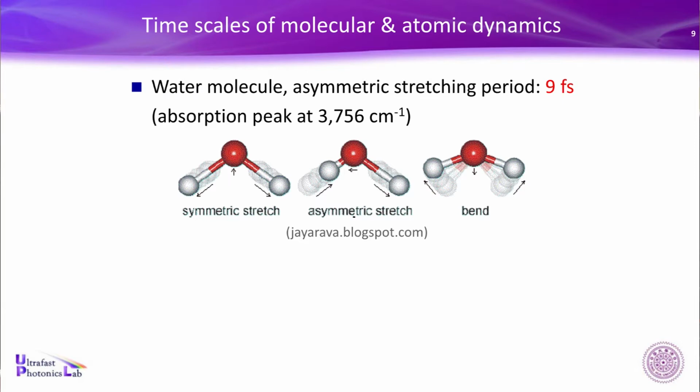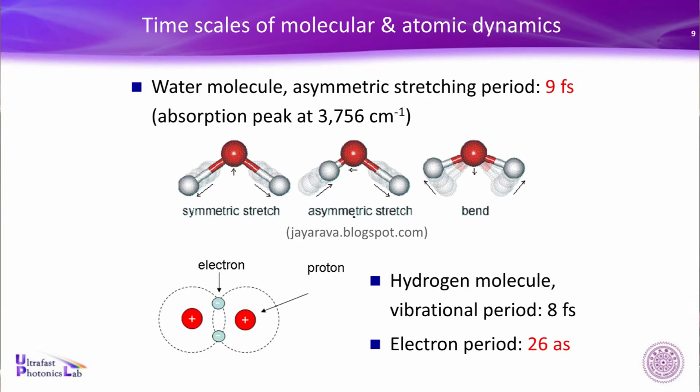A second example, the hydrogen molecule. Similar to the water molecule, it has different vibrational states. Roughly speaking, the vibrational period is 8 femtoseconds. But the electron period is not the vibrational period. Electron period means the motion speed of the light electron. 很轻的电子在动，当然是快很多。How fast?